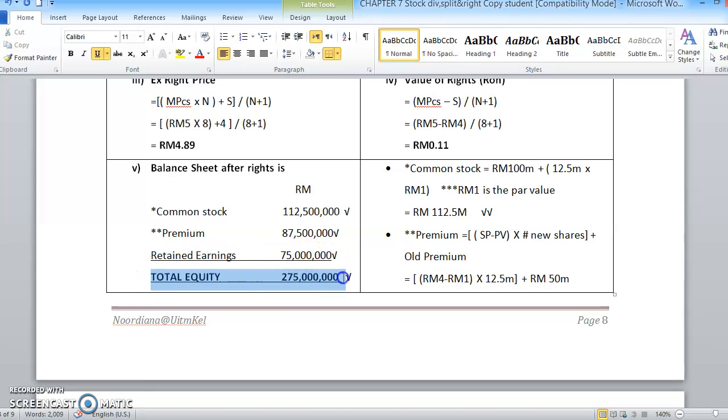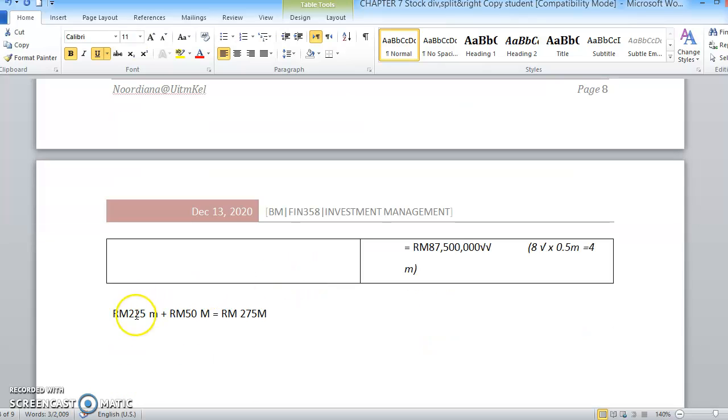Dan akhirnya you akan dapat jumlah total equity or net worth dia akan sama dengan jumlah bertambahnya sebanyak mana funds needed yang dia perlukan. So, kalau dia perlukan 50 million, you add dengan total book value lama, you akan dapat 275. Am I right?